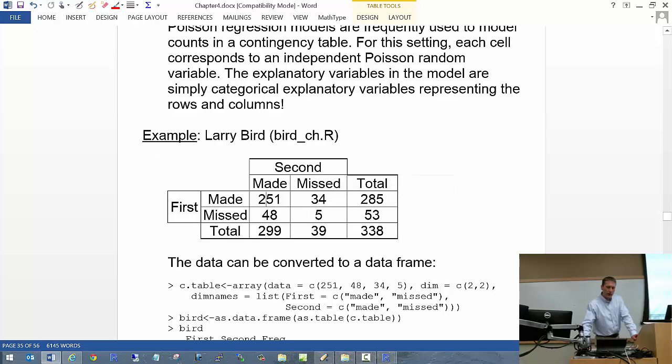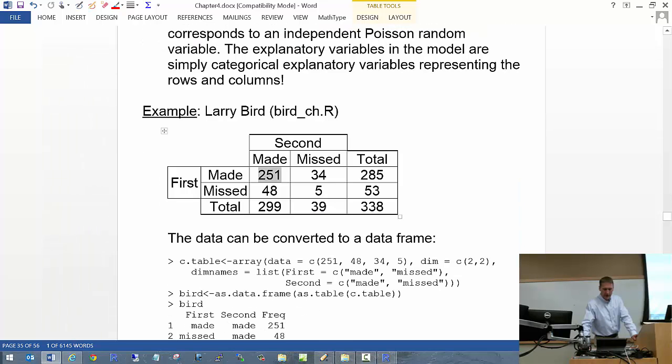And in chapter 3 we said, how about all 4 of those counts come from one multinomial? Chapter 4 says, now what you could do is think of each of these counts as independent Poisson counts. And you can find a Poisson regression model where both first and second are explanatory variables used to model these counts.